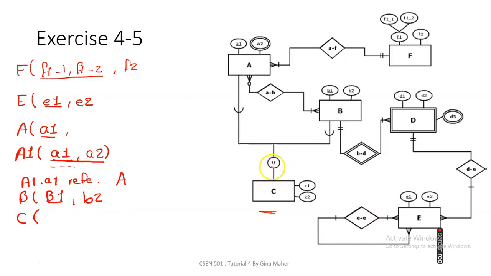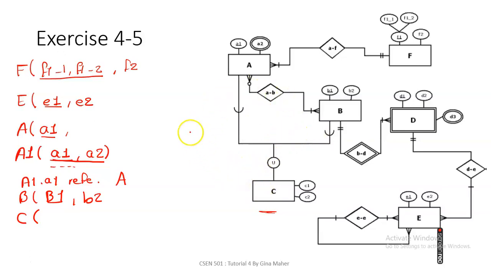The union indicates that C could either be A or B. It cannot be A and B at the same time. Okay? So for example, C could inherit attributes from A or from B once at a time.